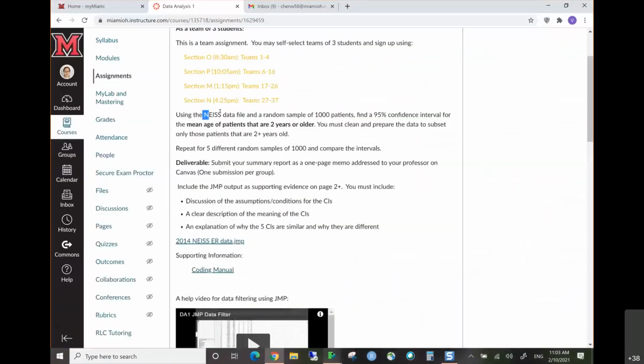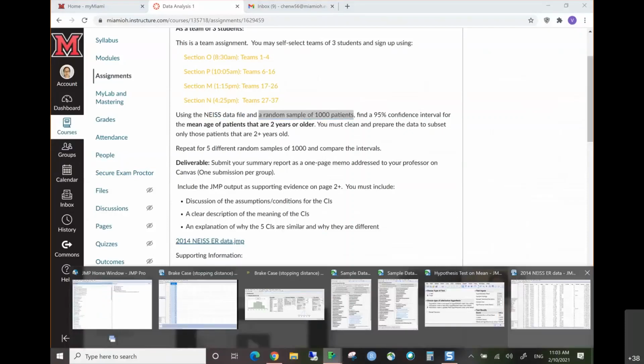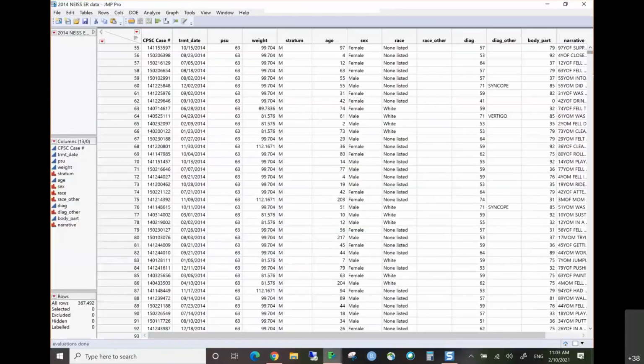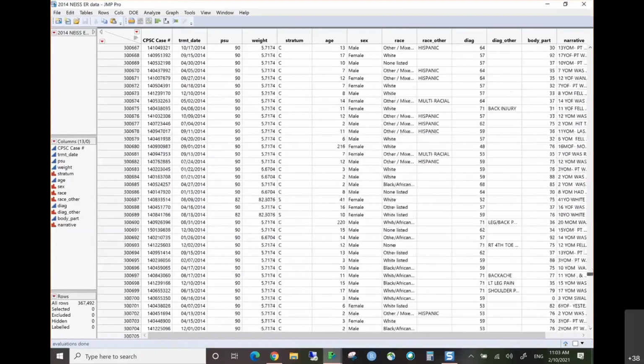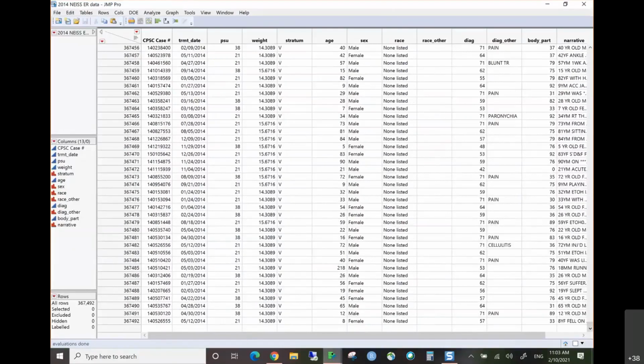Right, so you will use this data file, and I want you to make a random sample from all of these patients. Right, so you will have a total of 367,492 patients as your population, right?